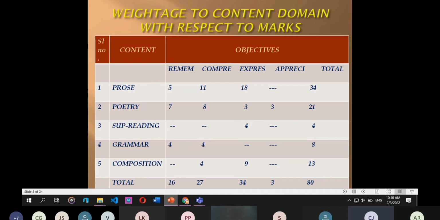Then totally, remembering you should reserve 16 marks from all the content, that is prose, poetry, supplementary, grammar, composition. Then comprehension 27 marks, expression 34, appreciation 3, totally 80.